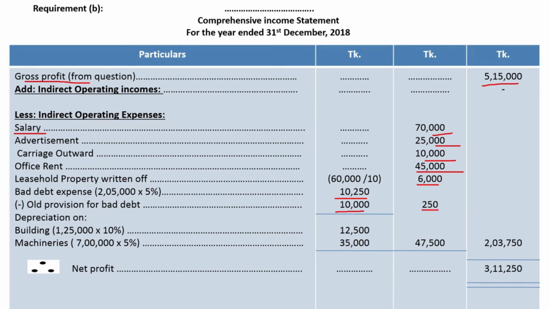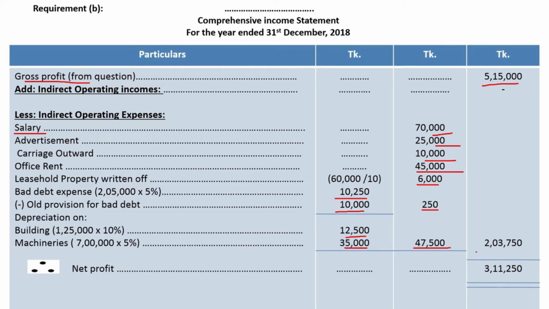Now depreciation on building 12,500 taka and on machineries 35,000 taka. Total depreciation 47,500 taka. Okay, dear students.